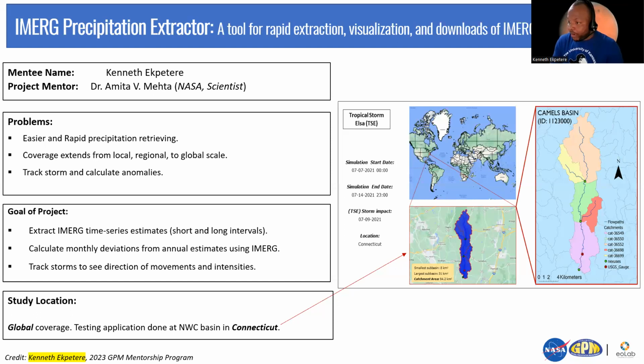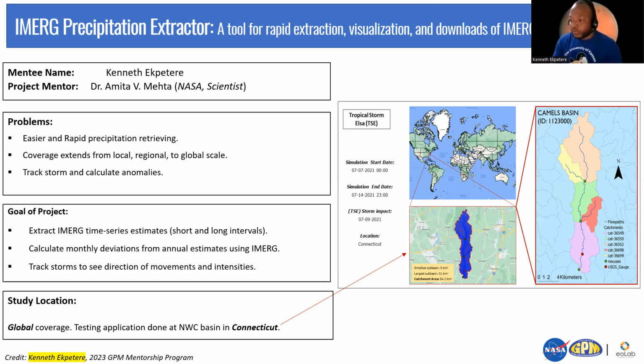And what I found was that their existing sources take a lot of effort to retrieve the precipitation. I needed something that is easy, with global coverage. And we can also track storms and find anomalies, annual anomalies, how precipitation anomalies are deviating from the annual average, so we can know what's going on, to help with climate change.